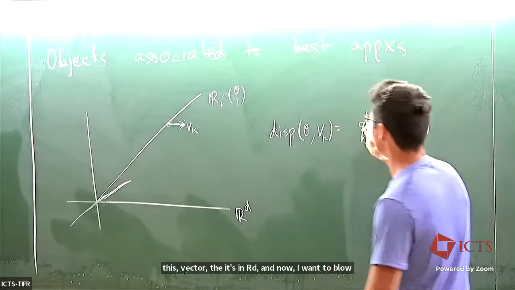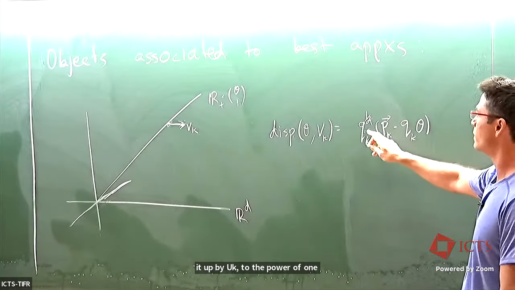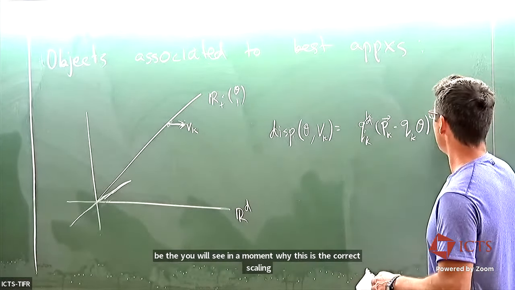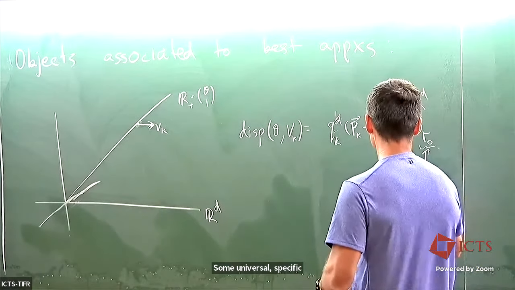You will see in a moment why this is the correct scaling that will put this vector in some ball in R^d of radius R_0, where R_0 is going to be some universal, specific radius.